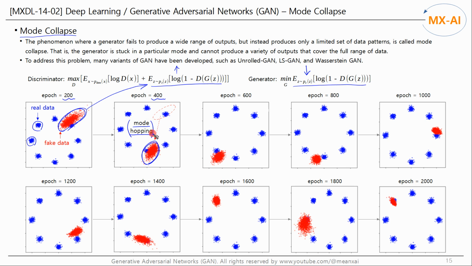Training instability, such as mode collapse and mode hopping, is a fundamental problem faced by standard GANs. To address this problem, many variants of GAN have been developed, such as Unrolled-GAN, LS-GAN, and Wasserstein GAN. We will look at them one by one later.